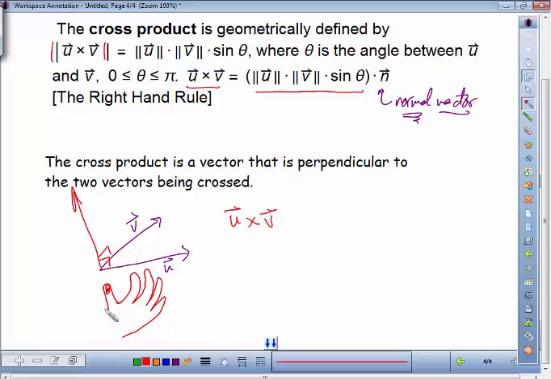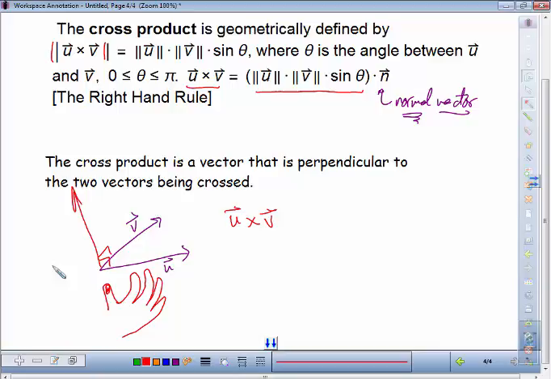So if you wrap around from u to v, then your normal vector will be going in this direction. Now imagine if you switch the cross product and you've got your middle finger first and then your index finger second. You want to wrap your middle finger first, so I need to take my right hand and wrap it around this way.